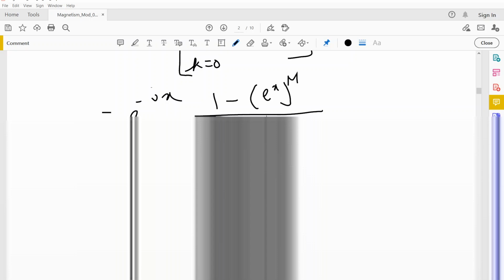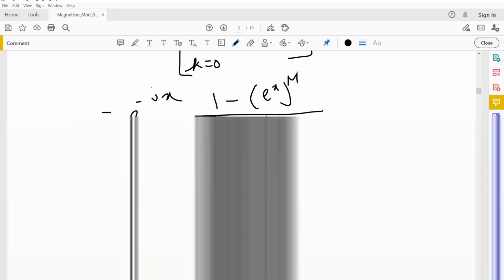And you can see, what is this beta? Beta is 1 by k_B T, and we have k_B T here. So that beta and this one get cancelled. So outside we have n, g, μ_B and j, right? So let me write M is equal to n μ_B g times j.